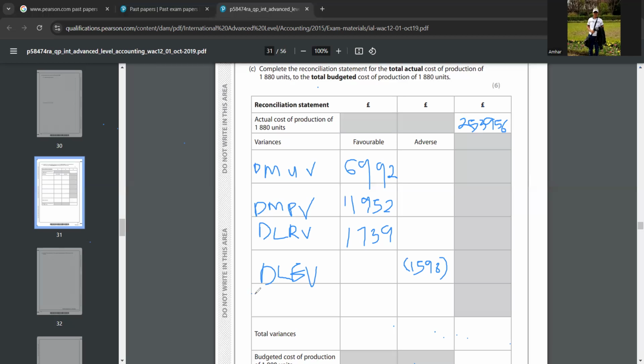Yes, understood. So here itself you can put overheads, and what you can do is open a bracket like this and write 52,760 minus 54,820.